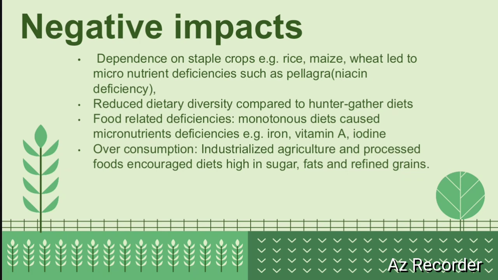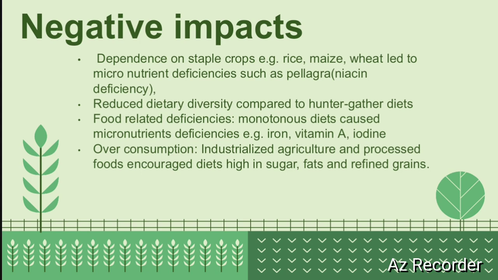Negative impacts: dependence on staple foods, e.g., rice, maize, wheat, led to micronutrient deficiencies such as pellagra, and reduced dietary diversity compared to hunter-gatherer diets. Food-related deficiencies: modernized diets caused micronutrient deficiencies, e.g., iron, vitamin A, and iodine.